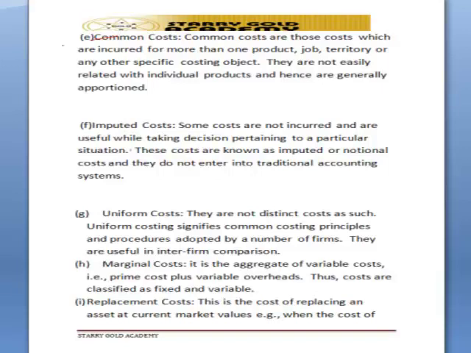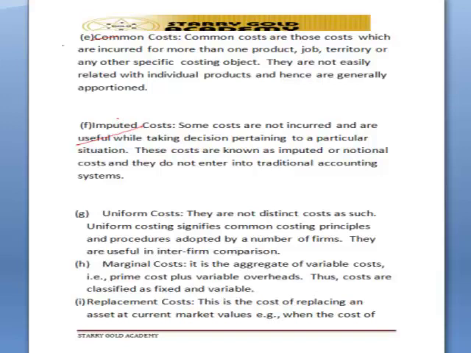We also have what we call imputed cost. Some costs are not incurred but are useful while taking decisions pertaining to a particular situation. These costs are known as imputed or notional costs, and they do not enter into the traditional accounting system, so we don't take record of them.